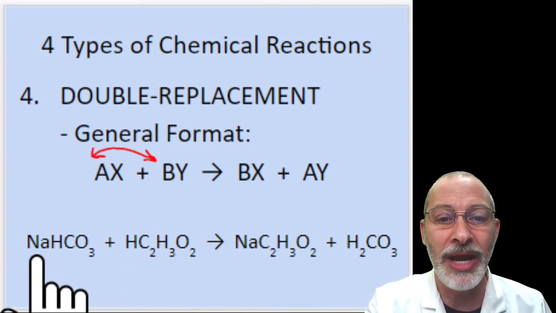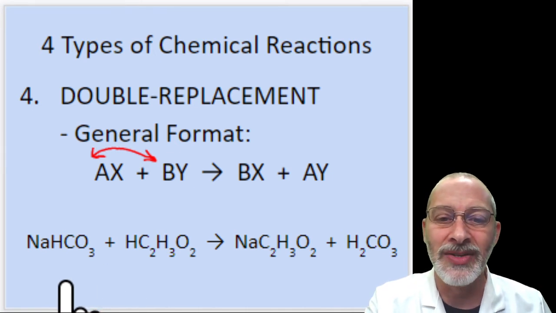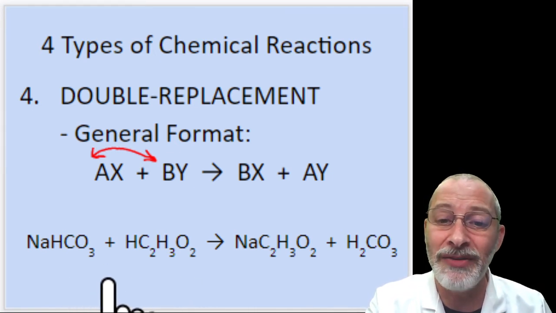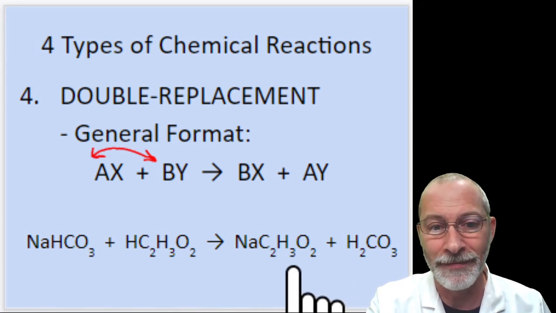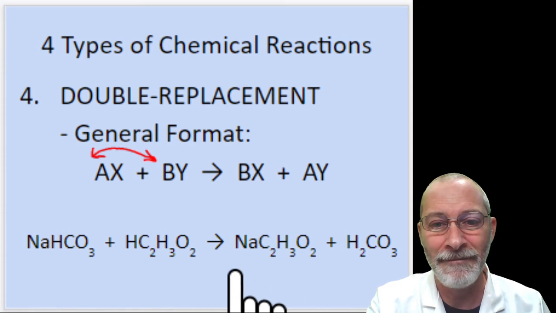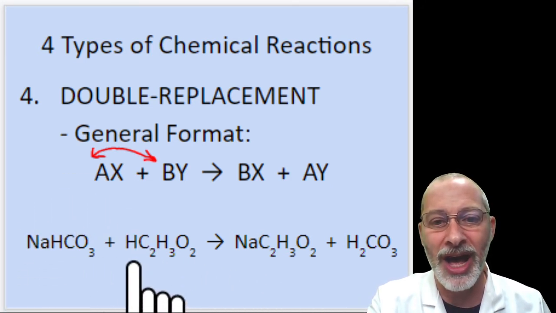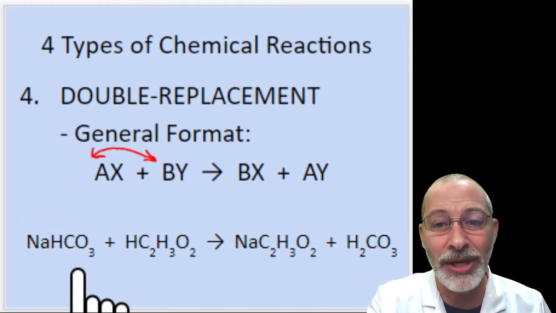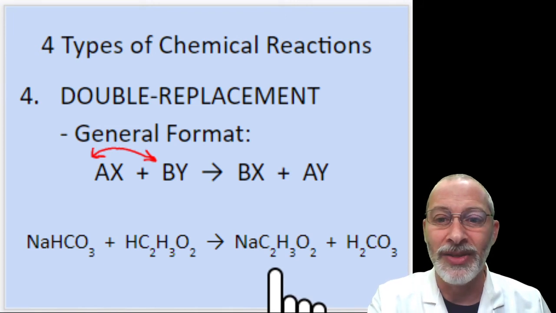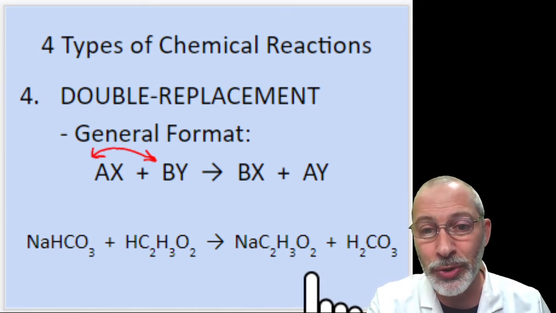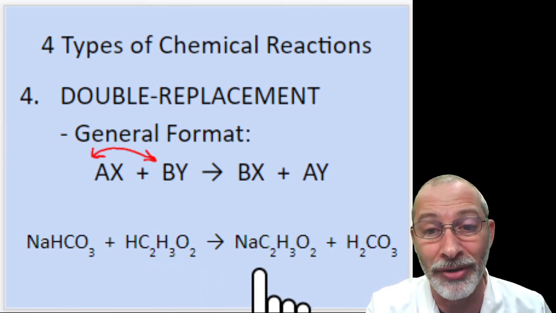So notice what happens to the sodium and the hydrogen as they go from the reactant side of the equation to the product side of the equation. Do you see what's happening? Check it out. The sodium replaces the hydrogen, and the hydrogen replaces the sodium. So over on the product side of the equation, the C2H3O2 no longer has the H in front of it, it has the sodium in front of it.